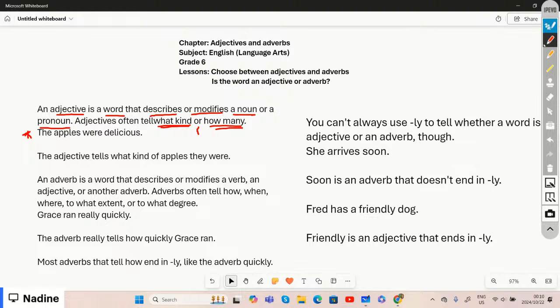But remember, we need to either identify our adjective or our adverb.